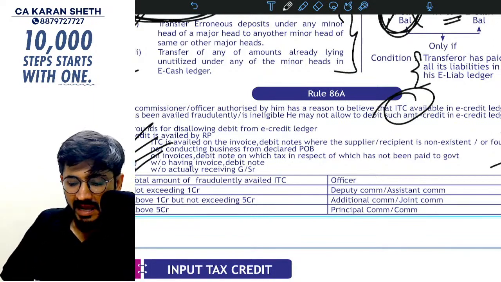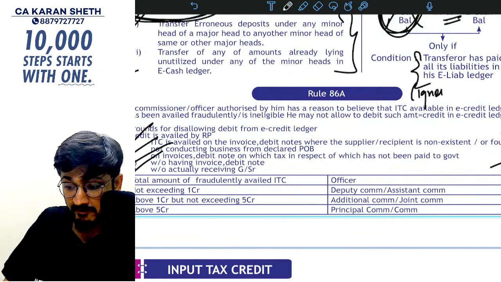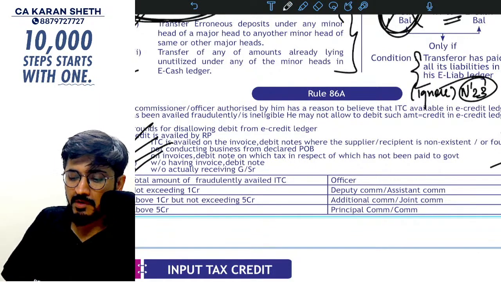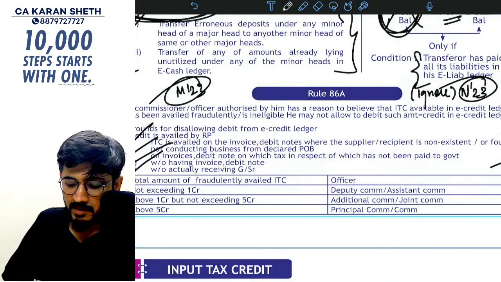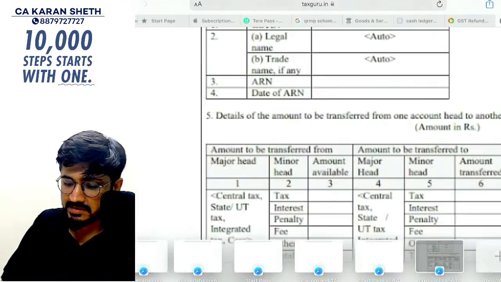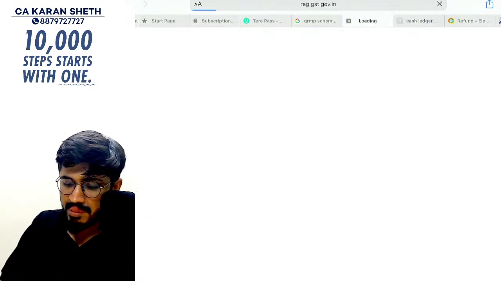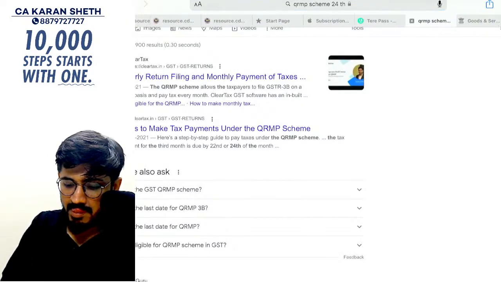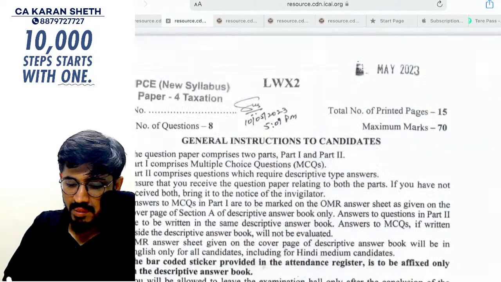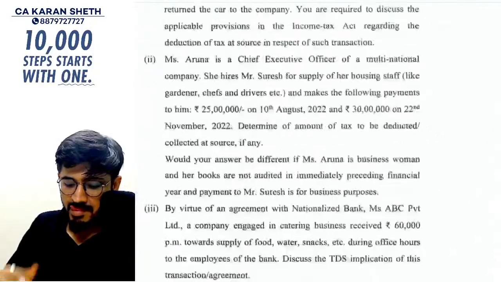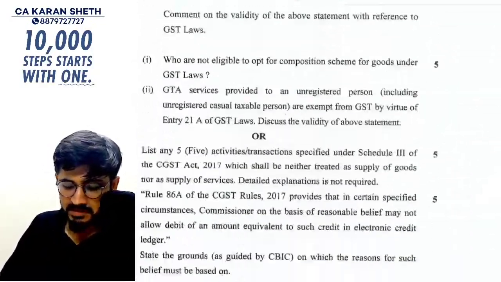Okay. Frankly, 86A you can ignore for the November 23 attempt, because it was clearly asked in May 23. It was asked in May 23, my dear friends. If you can see, can you see this?